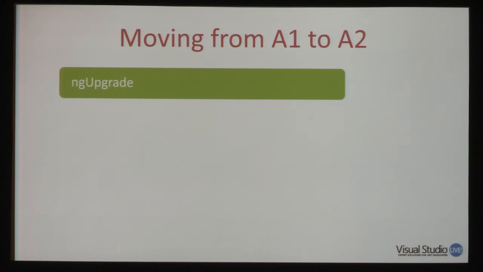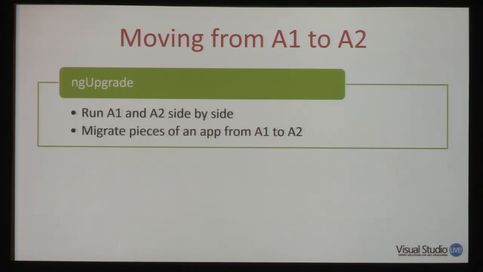Well, the Angular team is providing something called ng Upgrade that is going to allow you to run Angular 1 and Angular 2 side by side. So that means if you want to start building new parts of your application in Angular 2, you can do that and still have it work with your Angular 1 pieces. Or you can start taking some of your pieces of your application and migrating them one by one. You don't have to rewrite your whole app all at once.